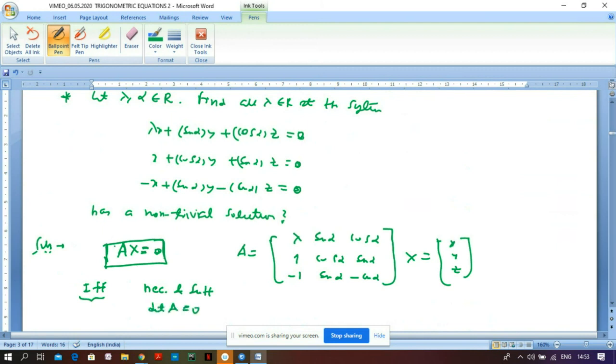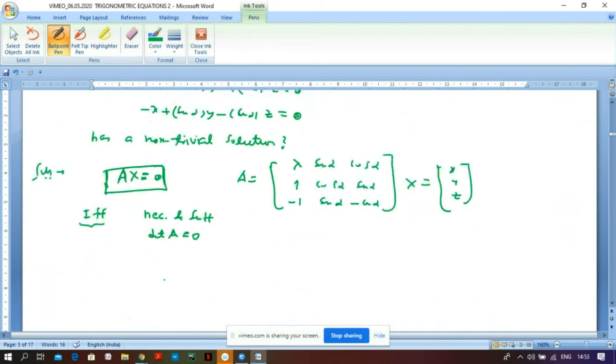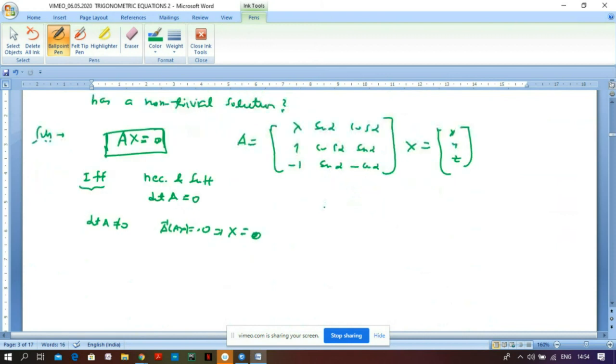By contradiction, if det of A is not 0, then A is invertible, and you have A inverse Ax equal to 0, giving x equal to 0, the trivial one. So it is both necessary and sufficient that det of A must be 0. Then we will get a non-trivial solution. So you just have to set this to 0.